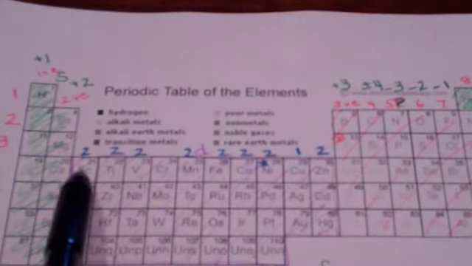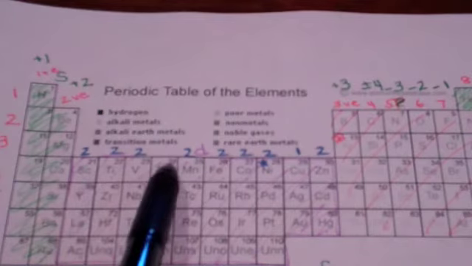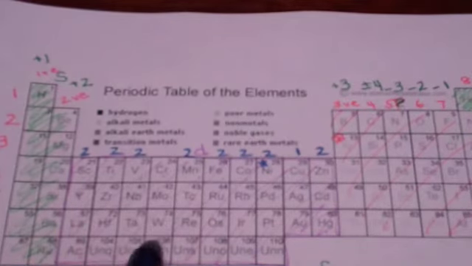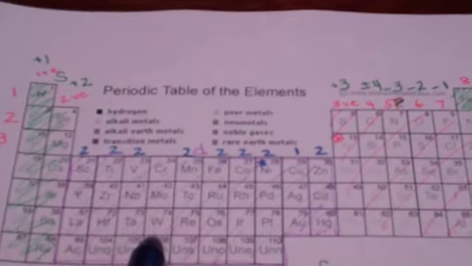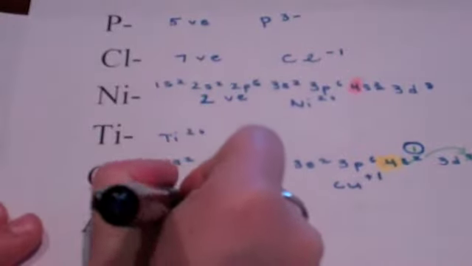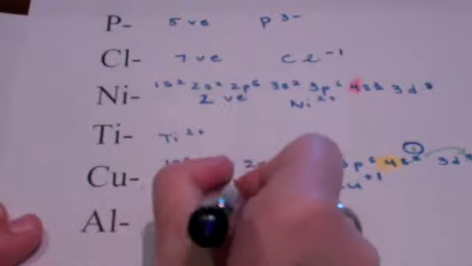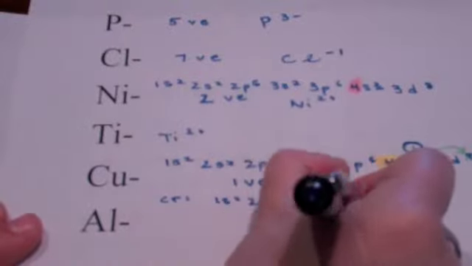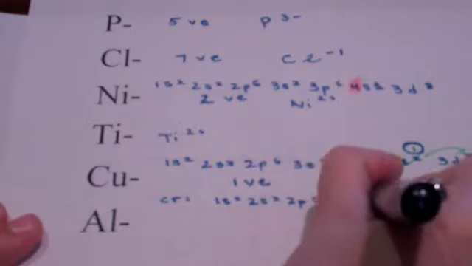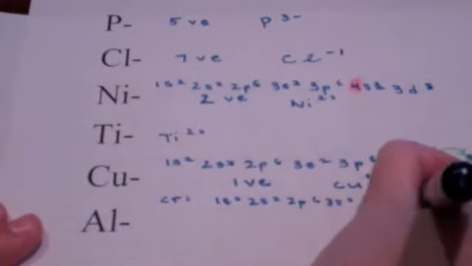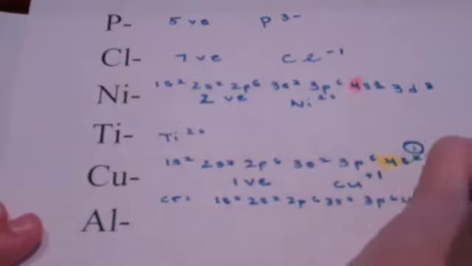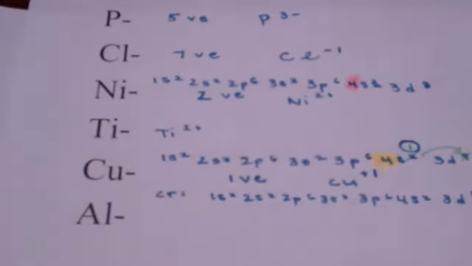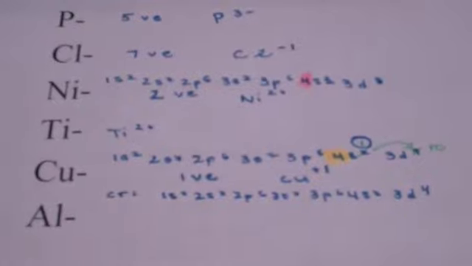And if you think about it, here's 3d4 for this group here. It's almost perfectly halfway filled. So for chromium, I'll write it down for you. For chromium, it's 1s2, 2s2, 2p6, 3s2, 3p6, 4s2, 3d4. Now, almost halfway perfectly filled, it would rather be exactly halfway filled.